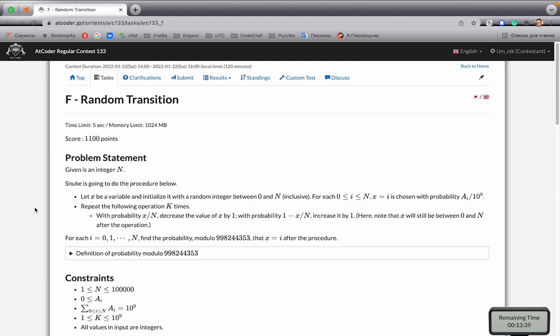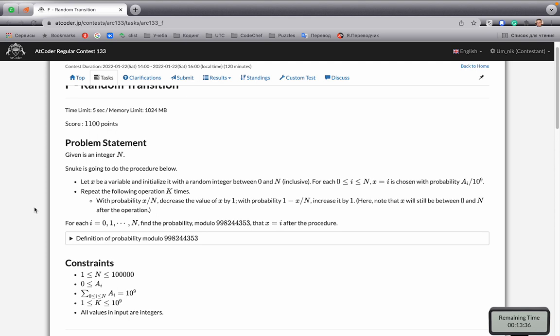Well, I don't have time to solve problem F, but let's read it. Okay, so problem F is about some gambling stuff.